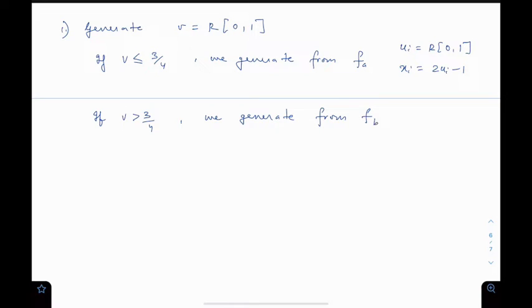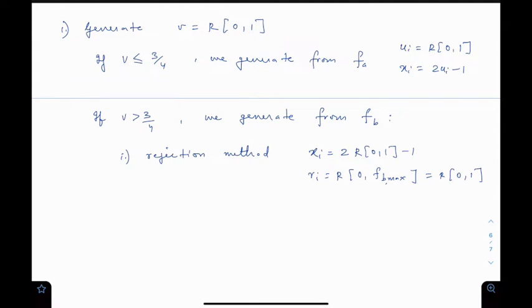And this we do by the rejection method. So x_i equals twice a random number from the interval 0, 1 minus 1, and r_i equals a random number from 0, f_B max, which is nothing but a random number from 0, 1, because f_B max is 1.